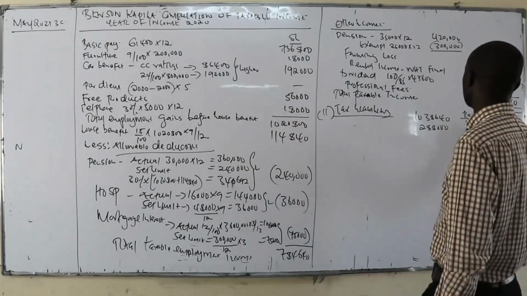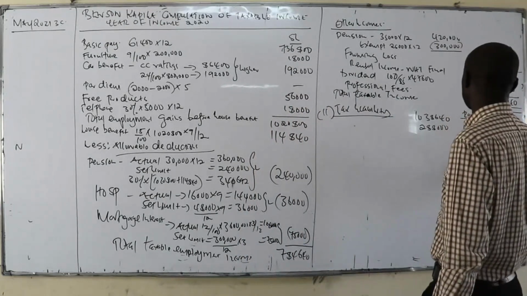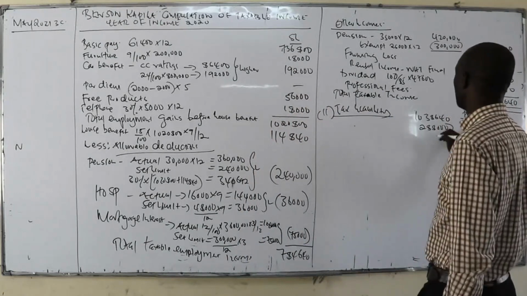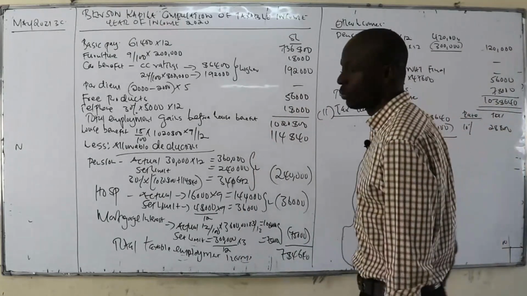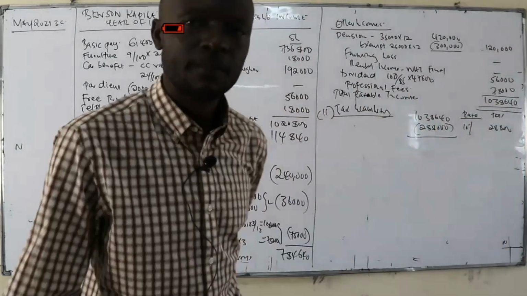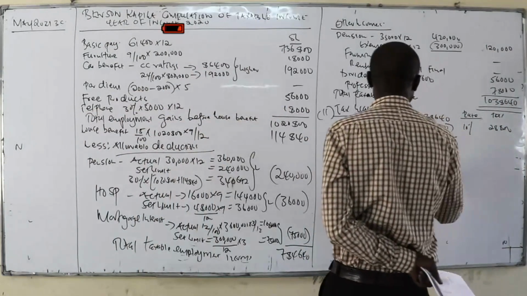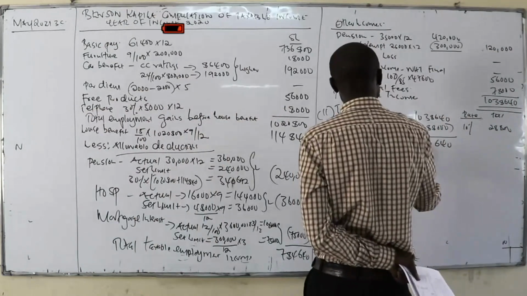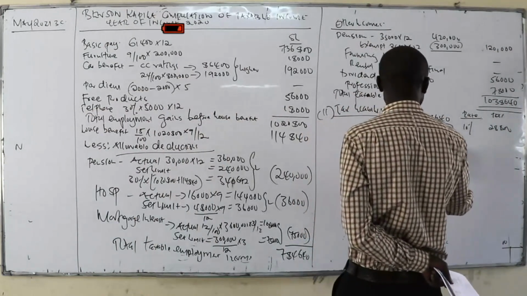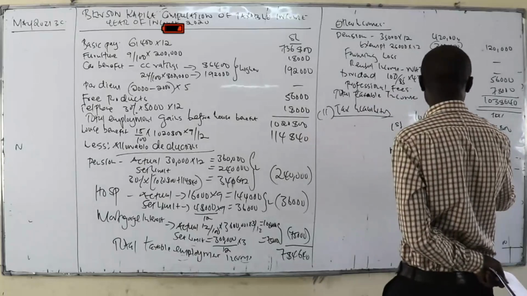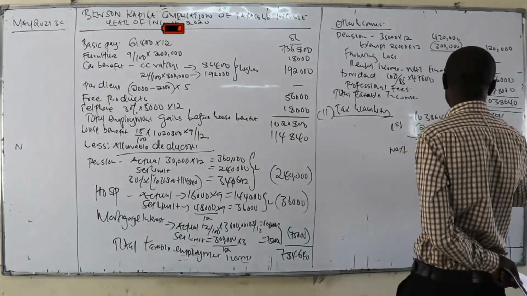So the rate here is 10%, which is 28,800. So you subtract that one. What do you get? 750,640. This is the first. And then the next 100,000 at 25%. So this one gives you 25,000.